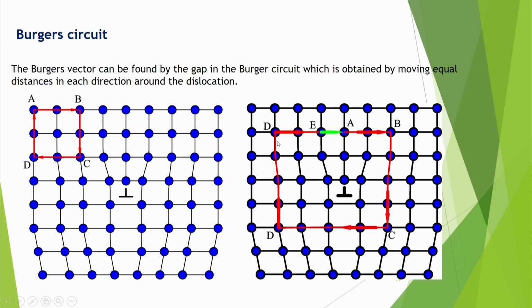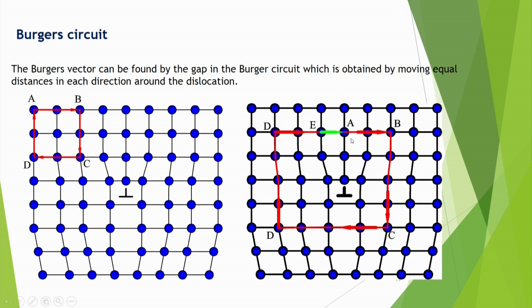So on the vertical side we moved 4 steps down, 4 steps up, cancelled. Now in the horizontal direction we had already moved 2 steps towards the right and 4 steps to the left. So we should move 2 steps again. So we moved 2 steps again to the right side, but we reached point E. We did not get the previous point, we reached the point E.